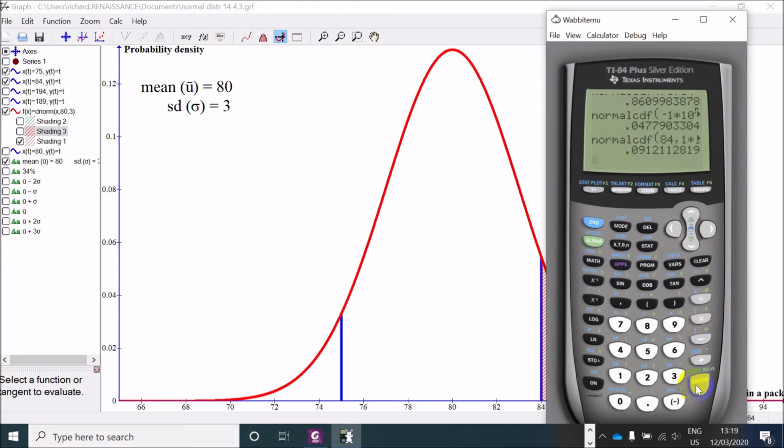So 9.1% of my matchboxes will have more than 84 matches, which is nice because I have a few more while I pay the same. So looking back at the screen here, 4.8% of my matchboxes will have less than 75 matches, and 9.1% will have more than 84.